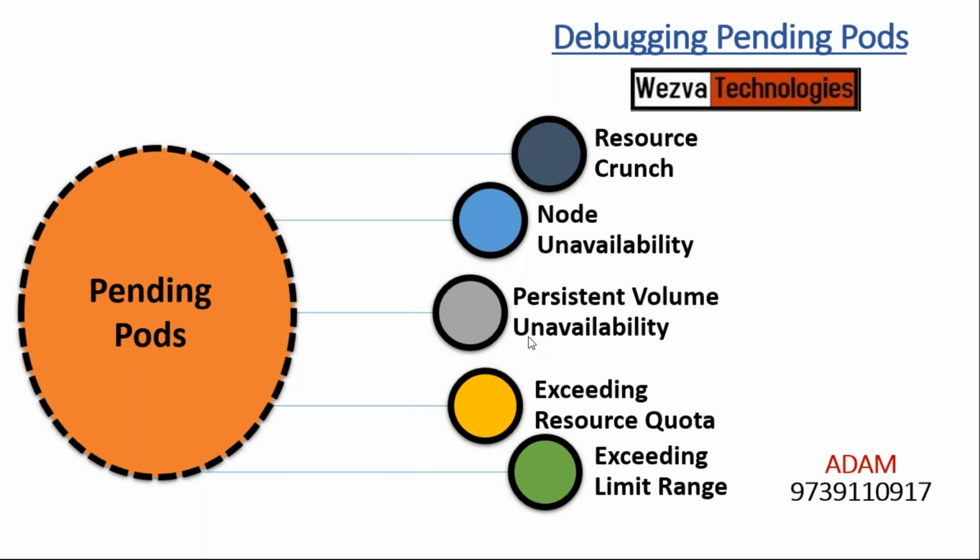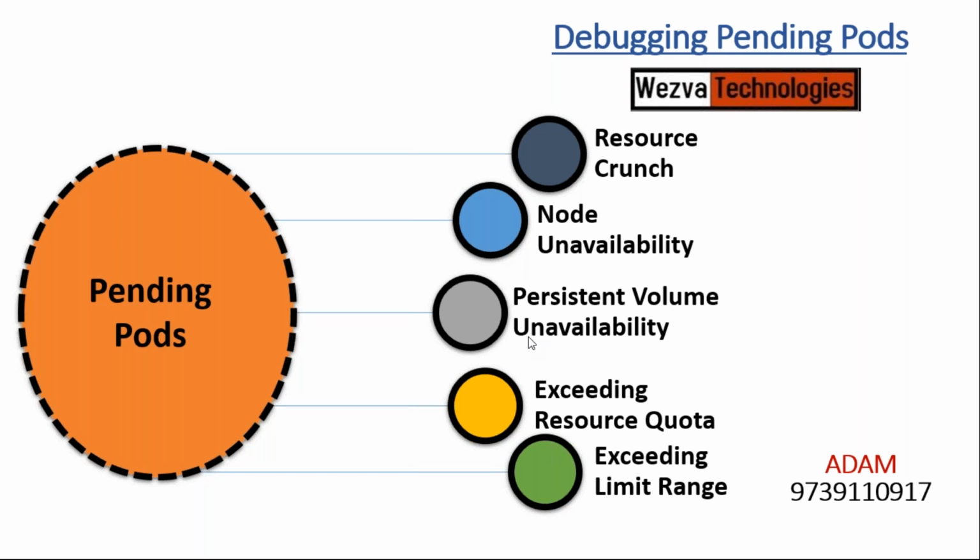So in case your resource quota is being reached or you are trying to overshoot the resource quota, even then you will get the pending state. Okay, so these are the different scenarios that we will have to understand. Let's try to mimic these and we'll see all the scenarios one by one.